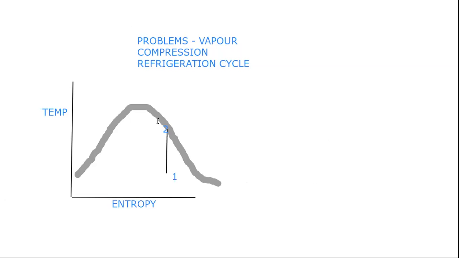In the condenser it is a constant pressure cooling process, so it will be like this. The process is 2 to 3, a cooling process at constant pressure, heat rejection.